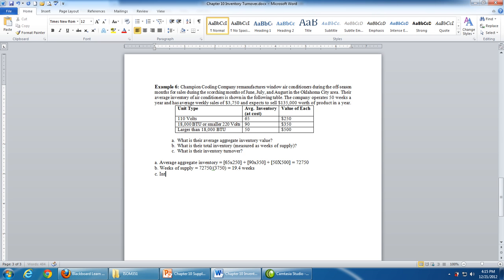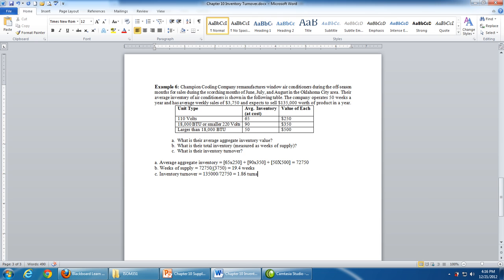Now let's look at inventory turnover. You might expect that the turnover will not be very good. It is equivalent to sale 135,000 divided by average inventory, which is about 1.86 turns per year.